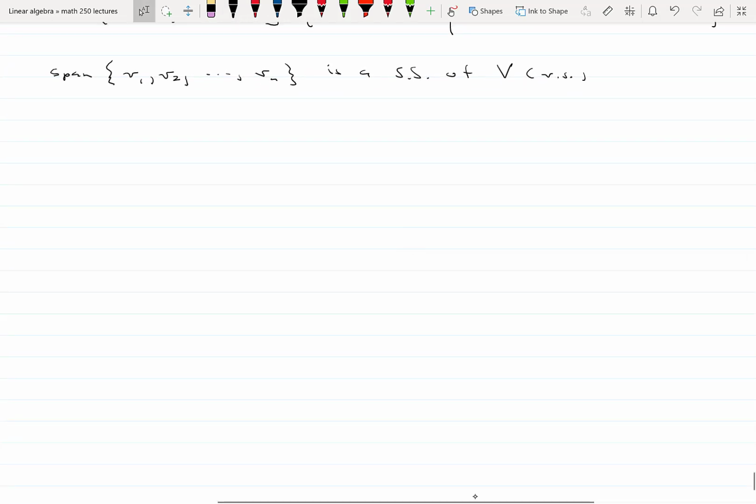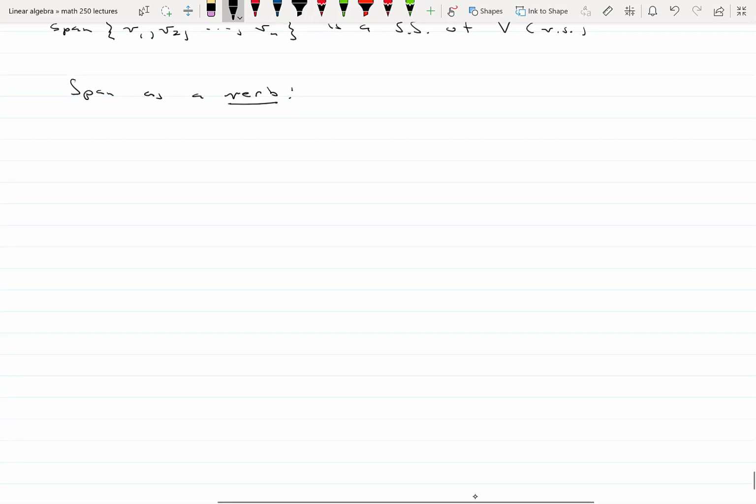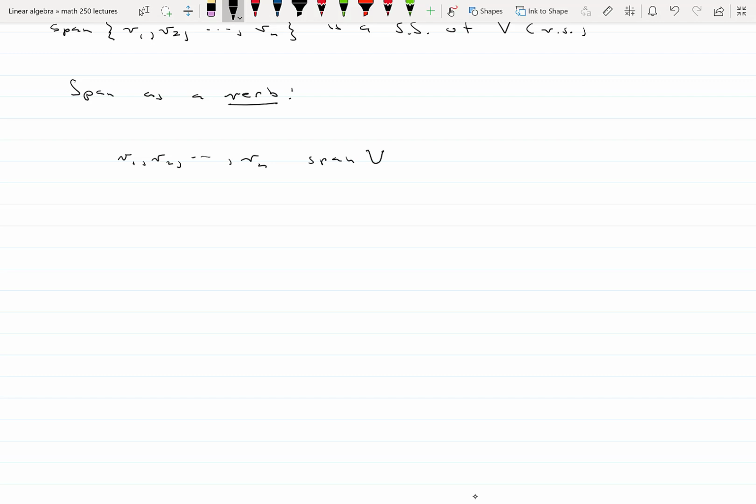Then we looked at span as a verb, as an action word. We say that vectors v1, v2, all the way up to vn, span V, the vector space, if the span as a noun, the span of v1, v2, all the way up to vn, equals the whole vector space.